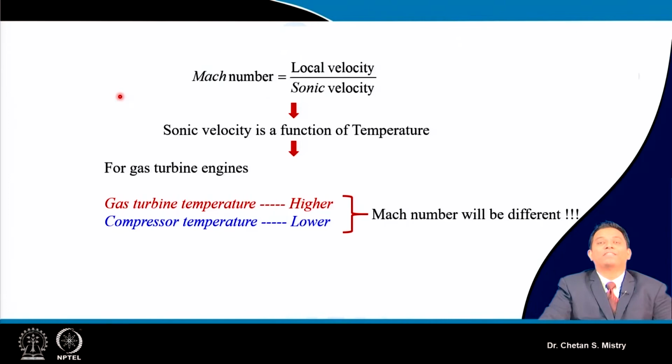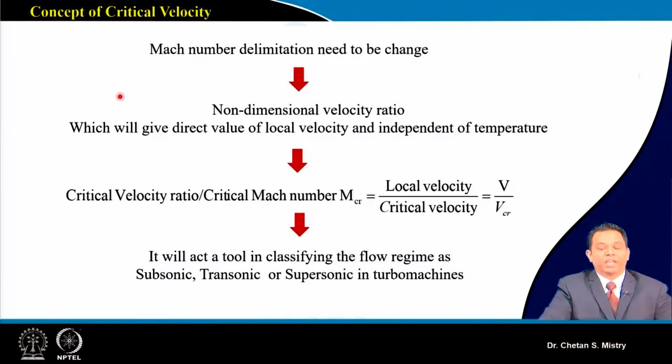We need to address this issue when we design axial flow compressors as well as axial flow turbines. How do we address this issue? The Mach number needs to be considered such that it differs from the conventional definition.